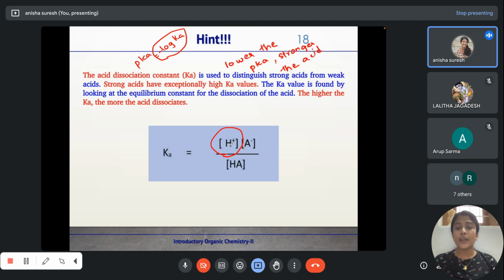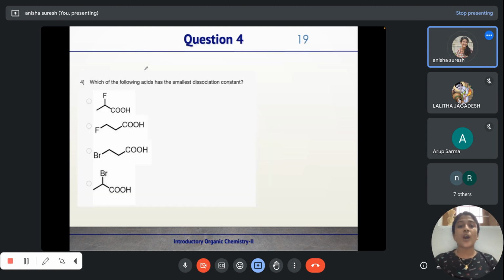A stronger acid will be deprotonating more. So if Ka increases, the acidic strength will increase. Out of these four options, which one will be the strongest acid? The first one, yes, this will be the strongest acid.